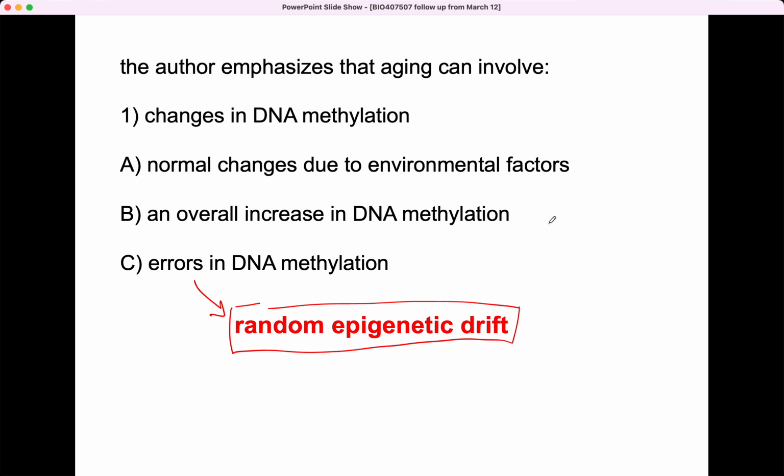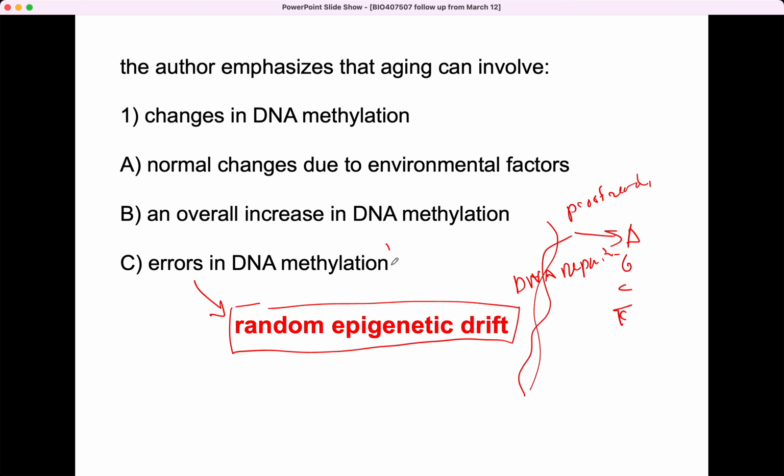The idea is that when DNA gets copied, we have to copy the DNA and the AGCT. And there's a lot of proofreading mechanisms to make the AGCT letters very accurate. There's also DNA repair.